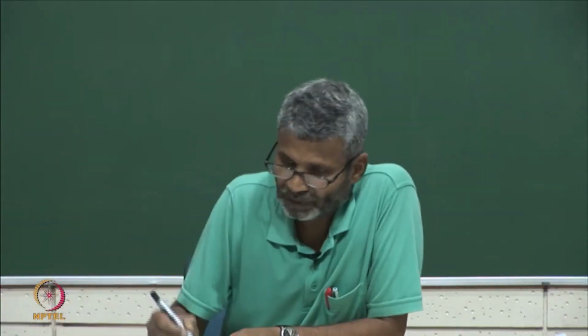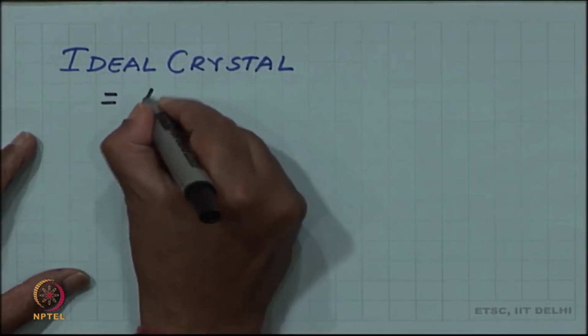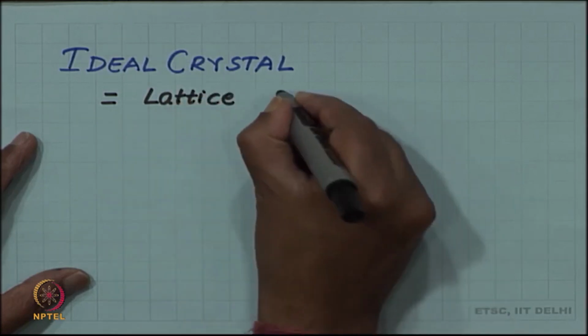So, what we have been discussing till now is the ideal crystal, which we discussed in terms of a lattice and a motif.